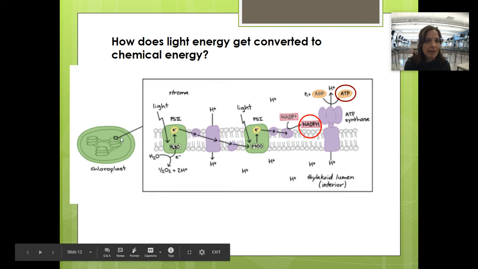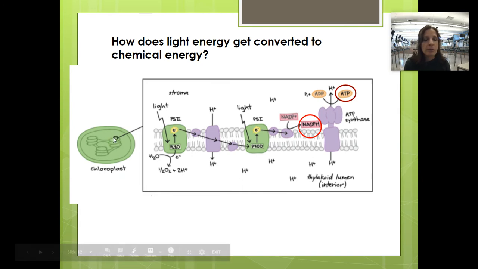So we are in the thylakoid. If you remember back to when we were talking about organelles, there's the thylakoid membrane. Remember, a chloroplast has a double membrane. They once thought that a chloroplast was its own little bacteria, just like the mitochondria. So we're in the thylakoid membrane.